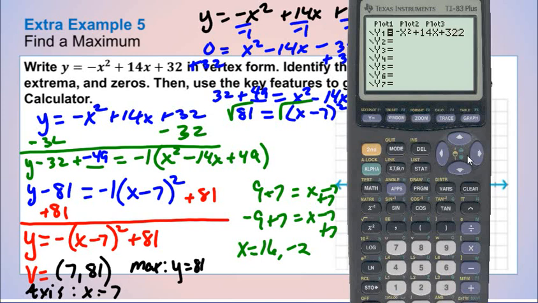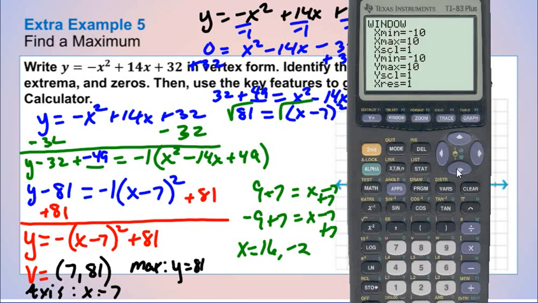I'm also going to put my vertex form in here, so you can see that it's the same. So my vertex form is negative (x minus 7) squared plus 81. I'm going to change my window settings.